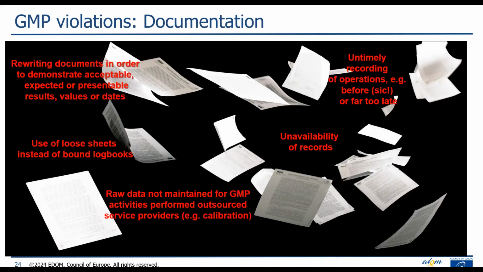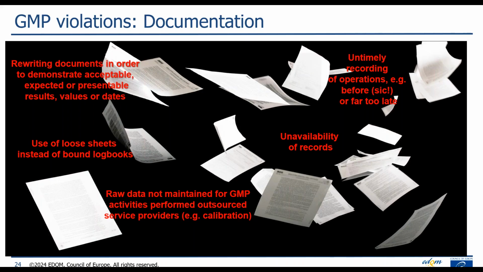GMP violations in terms of documentation. Okay, there are a few points here on the screen. Rewriting of documents in order to demonstrate acceptable, expected, or presentable results, values, or dates. We have seen untimely recording of operations, sometimes even before the operation took place or very late.